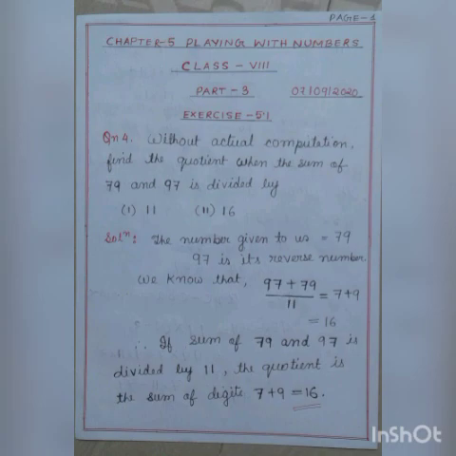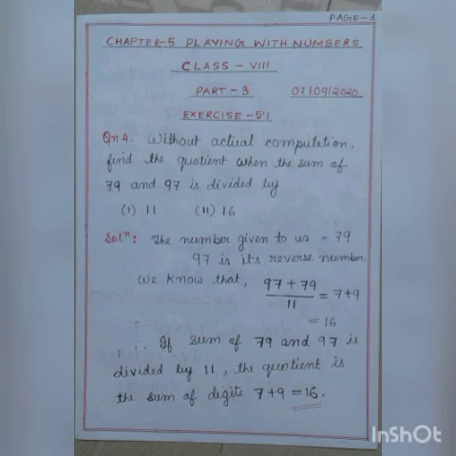We can see that 97 is the reverse number of 79. From rule 1, we know that the sum of a number and its reverse number is divisible by 11, and the quotient is the sum of the digits of the number.